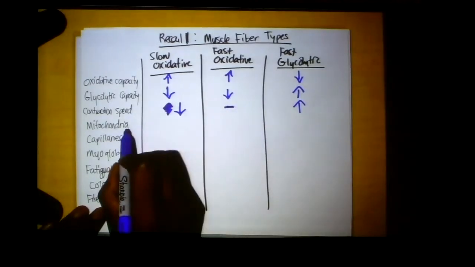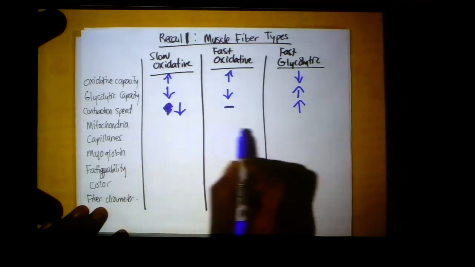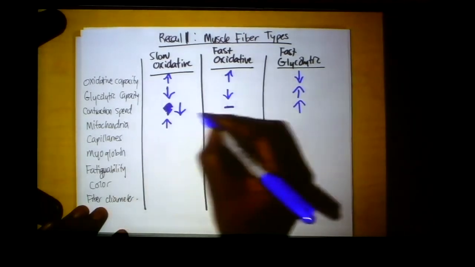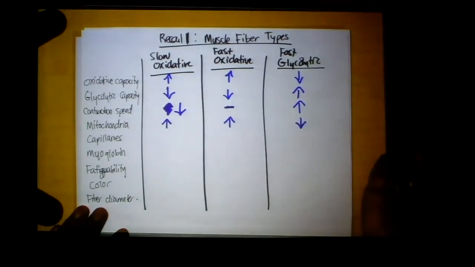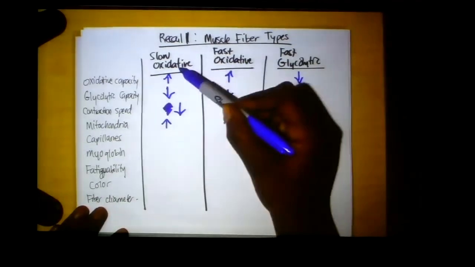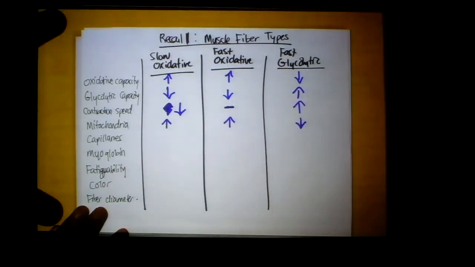Let's look at the mitochondria. So where do we have more mitochondria? What fibers? Right, it's going to be our oxidative type. So we're going to see more mitochondria here. We're going to see more mitochondria here. We're going to see less mitochondria here, okay? As long as we have oxidative in the name, that's telling us the primary source of ATP production is oxidative phosphorylation. That should automatically translate to you more myoglobin, more mitochondria, okay?